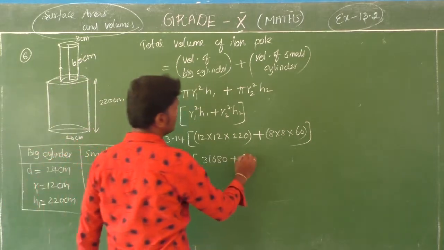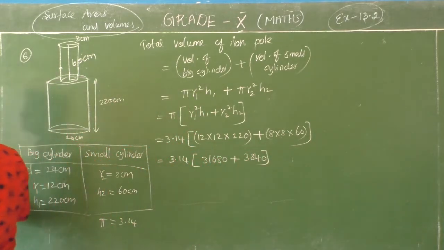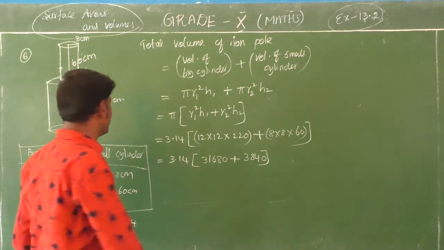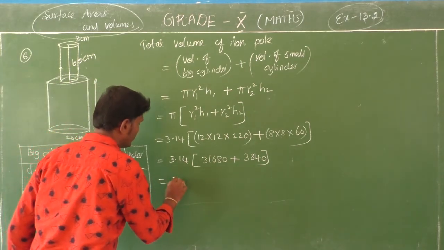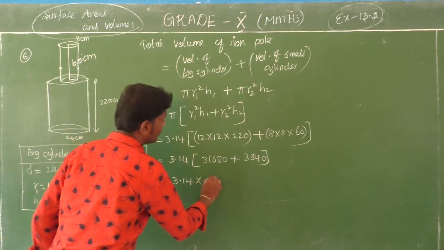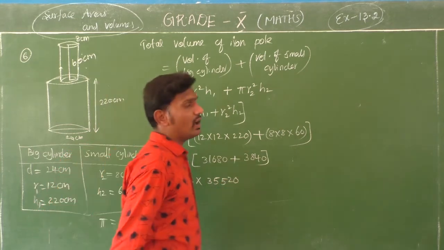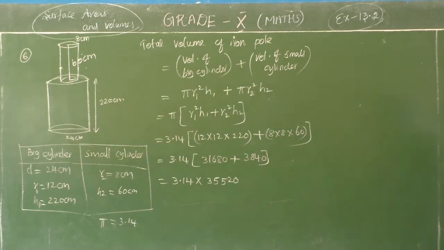That gives 3,840. Addition of the two terms, 31,680 plus 3,840, gives 35,520. So 3.14 into 35,520. Now I am going to multiply.